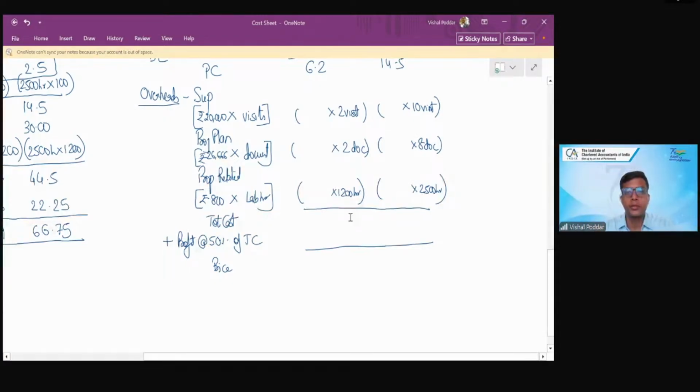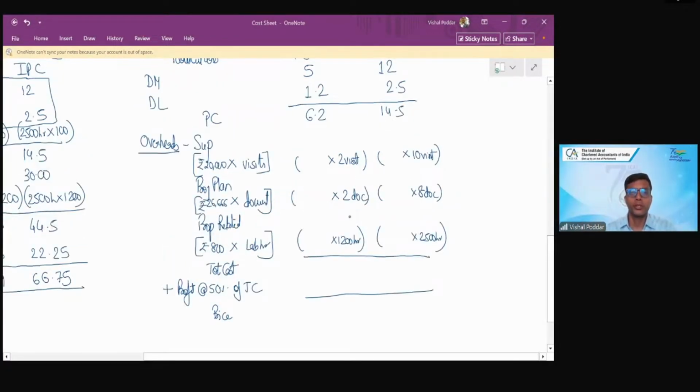Fine, students. So this is how you will charge. So 20,000 into 2 will be 40,000. 20,000 into 10 will be 2 lakhs. Then 26,666 into 2 documents will be approximately 53,000. And 26,666 into 8 documents. So 8 threes are 24.